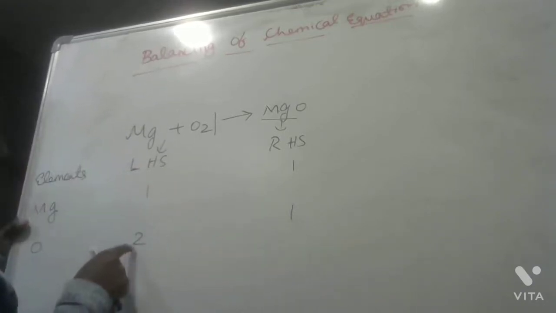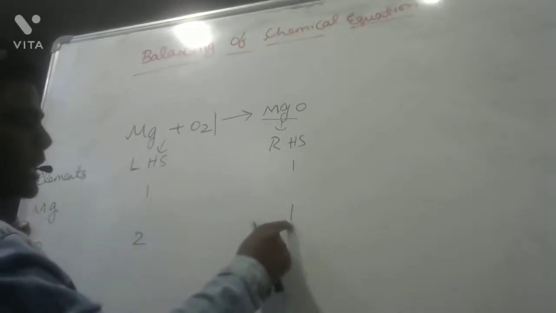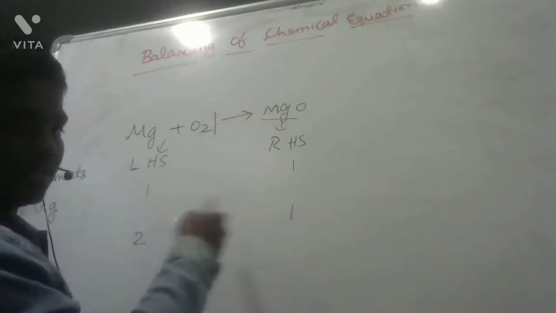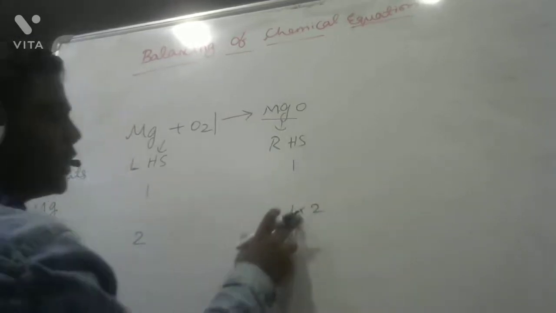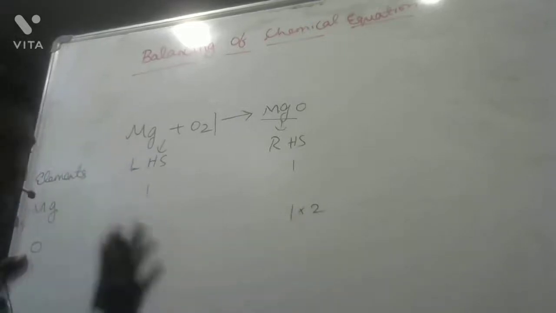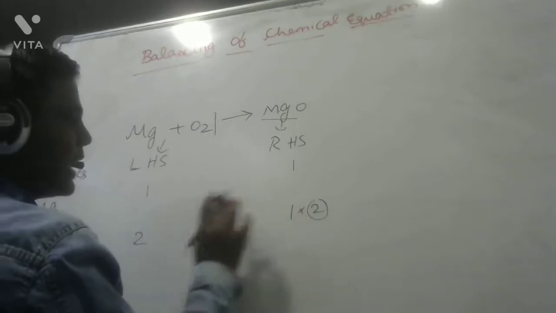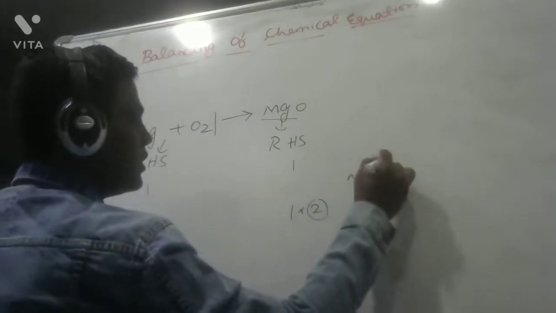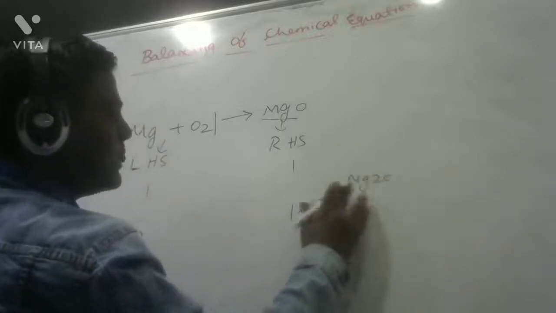Now I can't multiply 2 with something to get 1, but I can multiply 1 with something to get 2. That is 1 into 2, which gives me 2. Now this 2 is to be added to this oxygen. I cannot write Mg2O, just Mg2O.